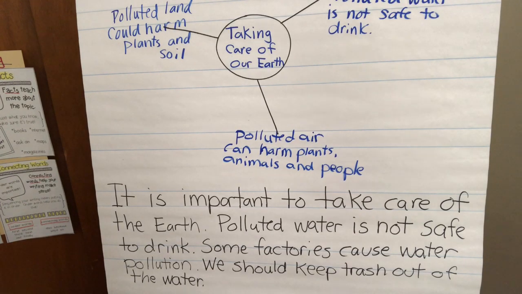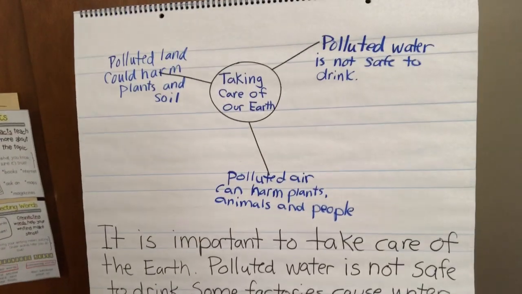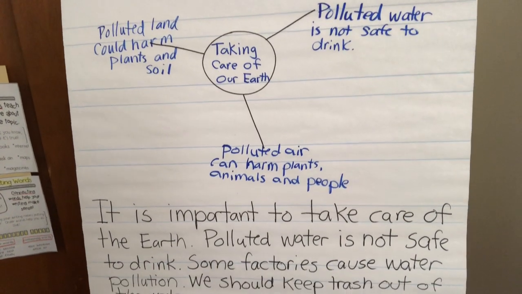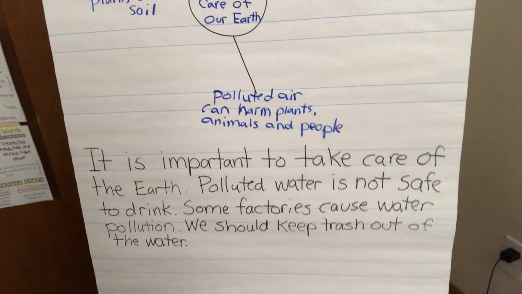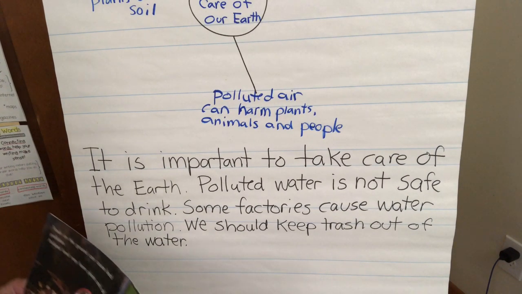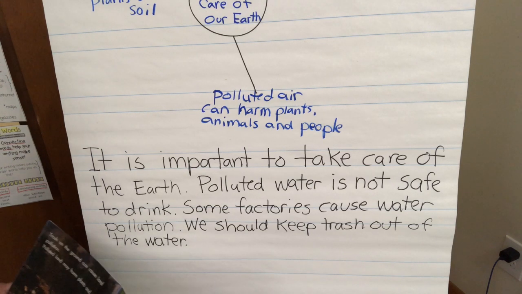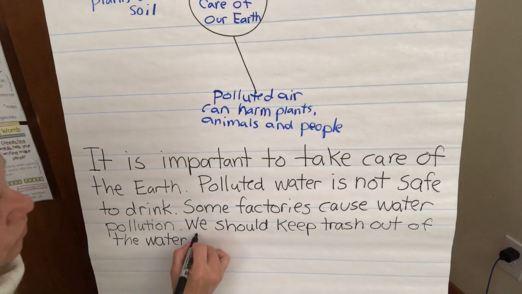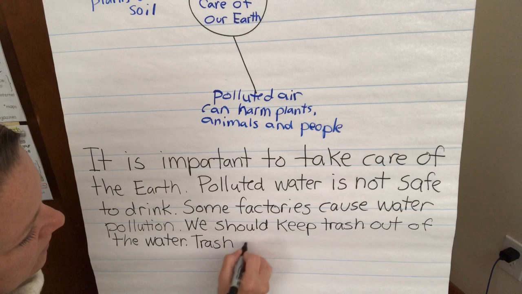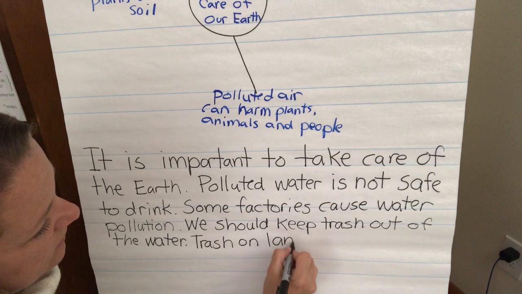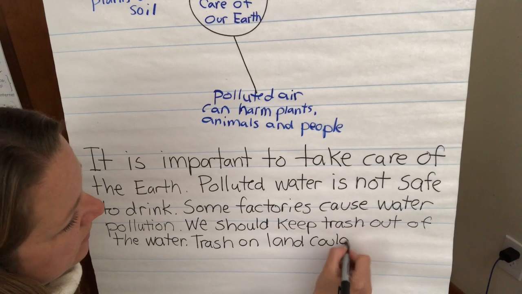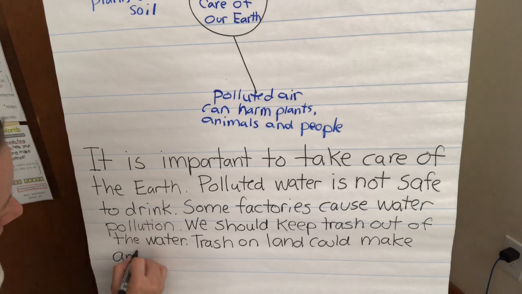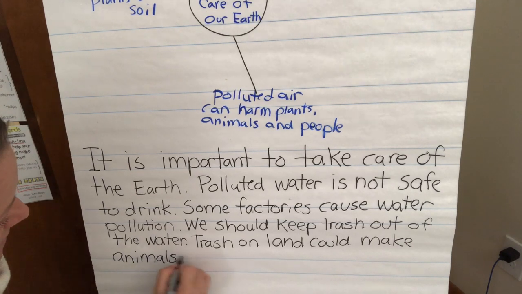Okay, now I'm looking back up at the top of my organizer and I can see polluted land could harm plants and soil. I want to talk about that now. Trash on land could make animals sick.